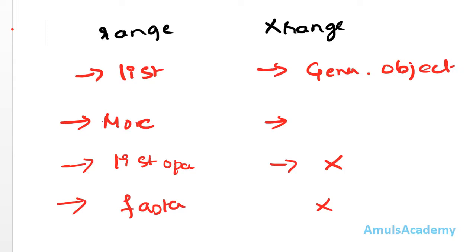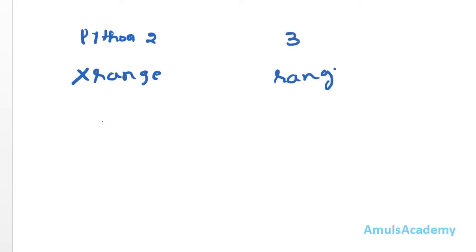So in Python 3 the Xrange function is renamed as range. The Xrange function of Python 2 is the same as the range function in Python 3, and the Python 2 range function is not available in Python 3.